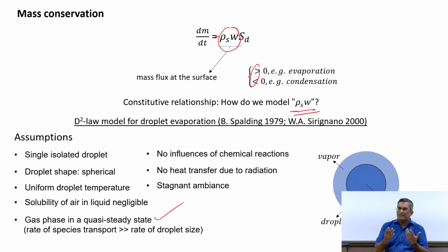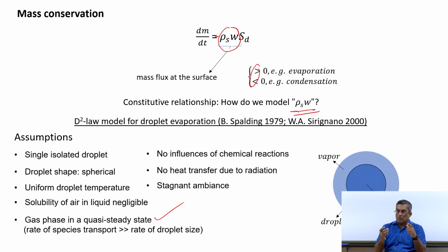Now, the question is, is the transport of vapor a steady process or an unsteady process? Unsteady, because the droplet vaporization itself is an unsteady process. However, if we assume that the rate of species transport, what is meant by species here? If you have a water droplet in air, then in the air there are two species, one is water vapor, the other one is air.